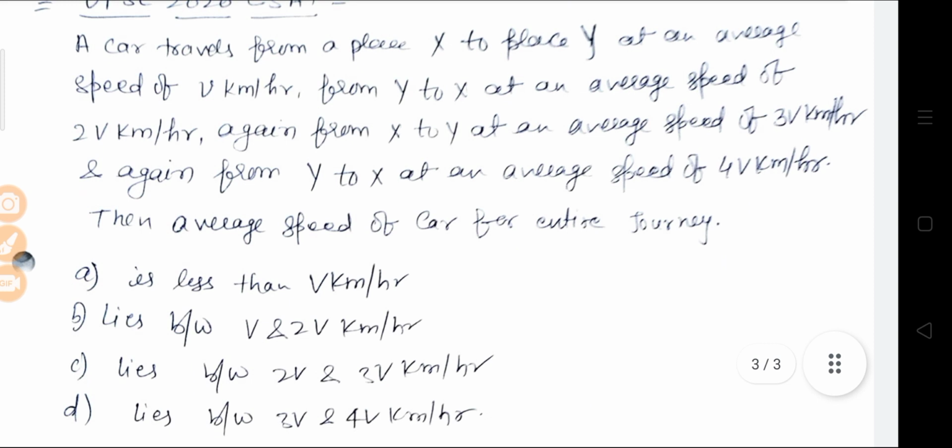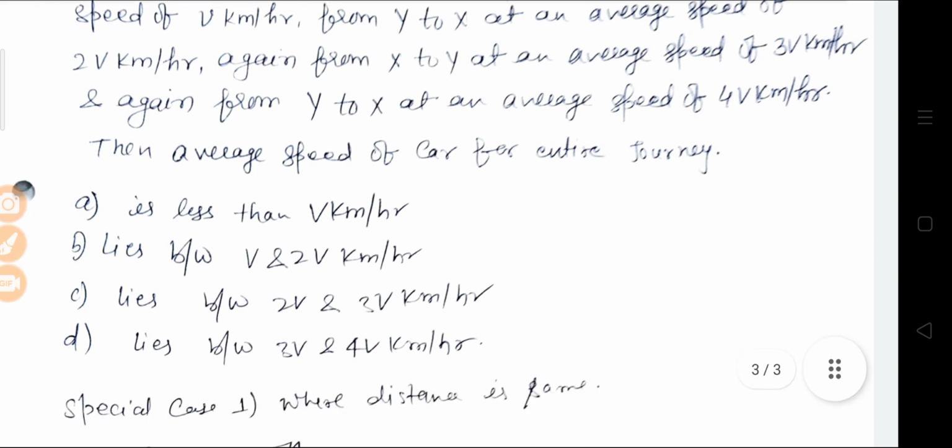So you can think that the maximum velocity is 4v, so it is not possible to have the average between 3v and 4v, because the first velocity is v, second is 2v, third is 3v, and last is 4v. So the minimum is v, maximum is 4v. Okay, so the average must lie strictly between v and 4v, so option A can't be possible.